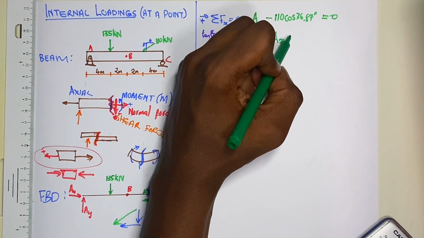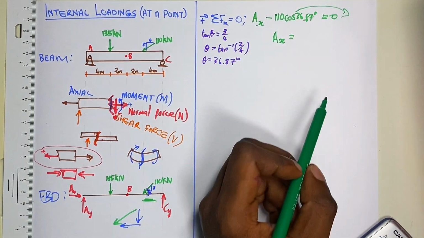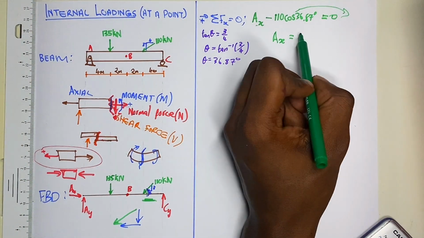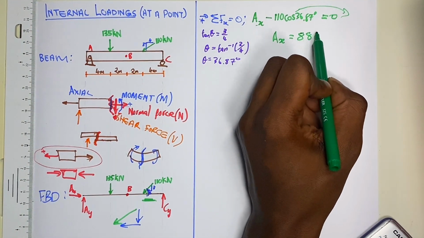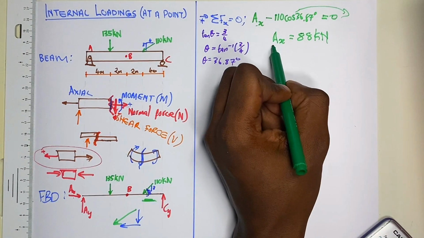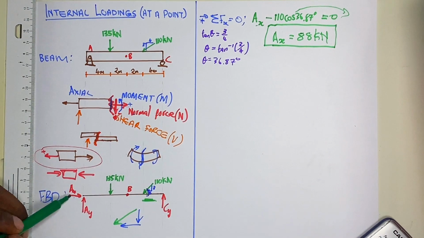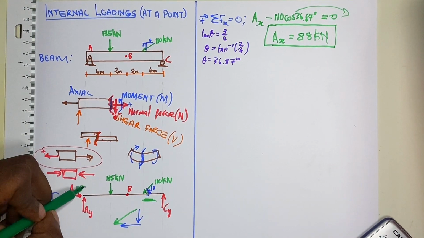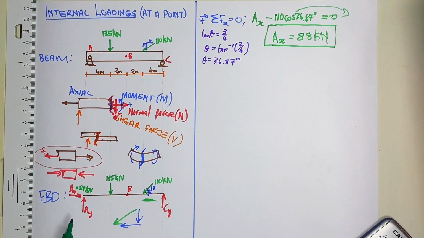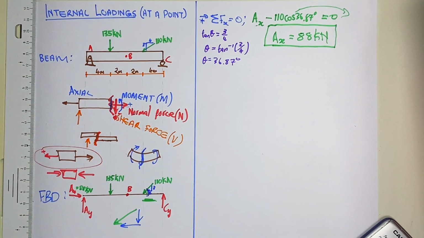Therefore, AX is equal to, you transpose that and move it to this side, and it will give you 88 kilonewtons. Now, we have our AX equal to 88 kilonewtons, and now we have to solve for AY and find our CY.